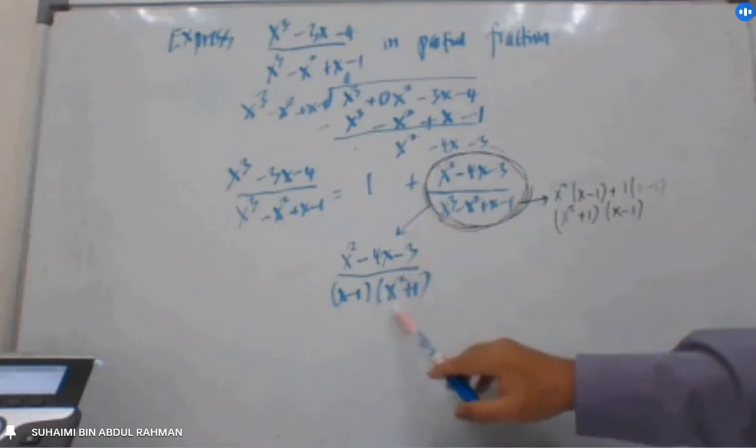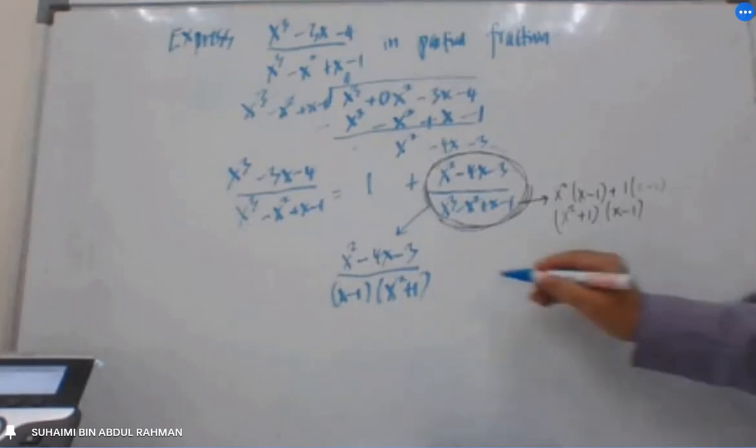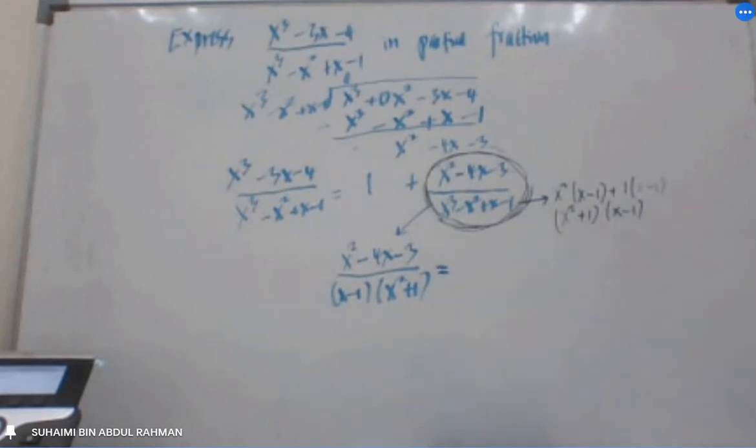This one is irreducible. So we need to apply which rule?